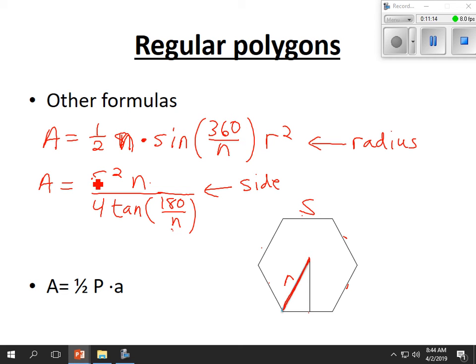So these formulas, this one, if you just know a radius, this one, if you just know the length of a side, this one is best if you know the length of a side and the apothem. Remember, that's an apothem there. So 3 different formulas, just depends on the information that you know.